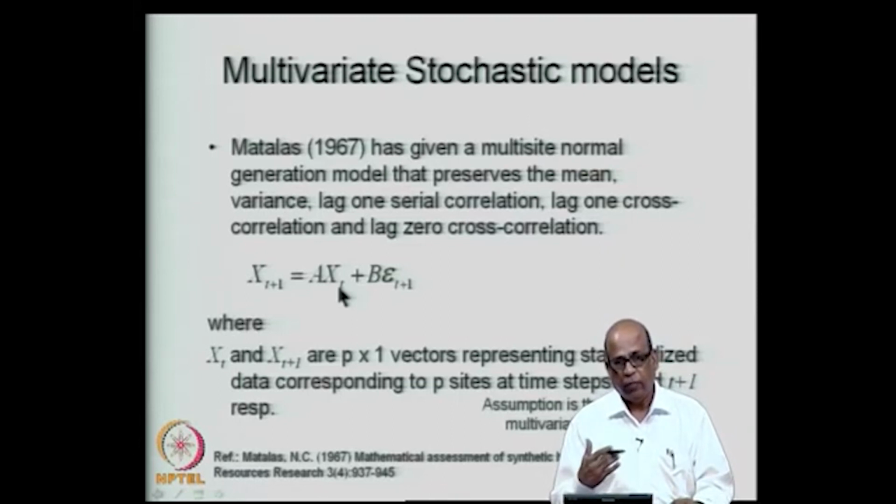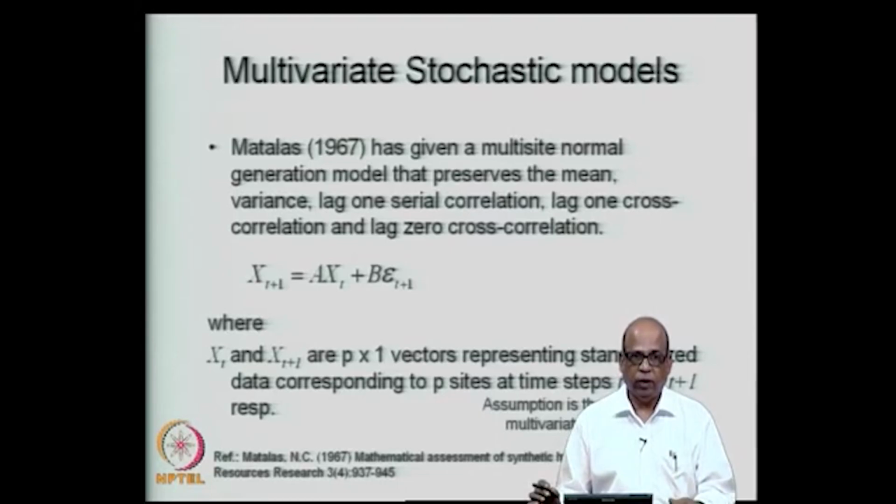The Matalas model that we are just going to discuss is a multi-site normal generation model. It preserves the mean, the variance, lag 1 serial correlation and lag 1 cross correlation, and in fact lag 0 cross correlation also. That is, the mean, the variance, the lag 1 serial correlation or lag 1 autocorrelation at each of the sites, and lag 1 cross correlation between different sites.